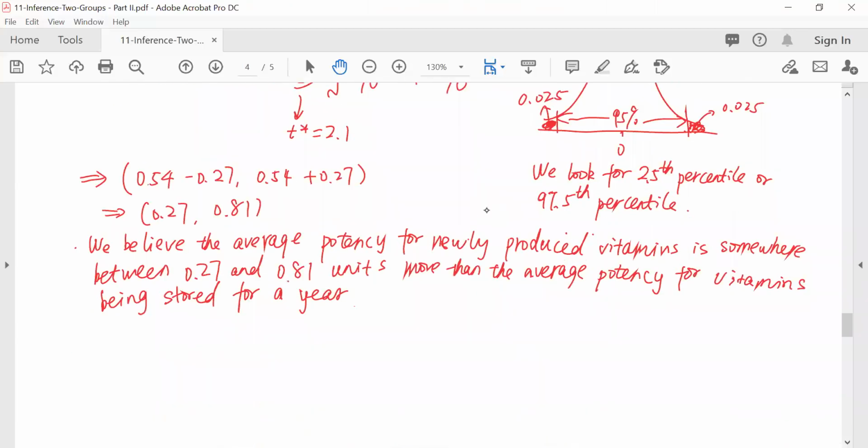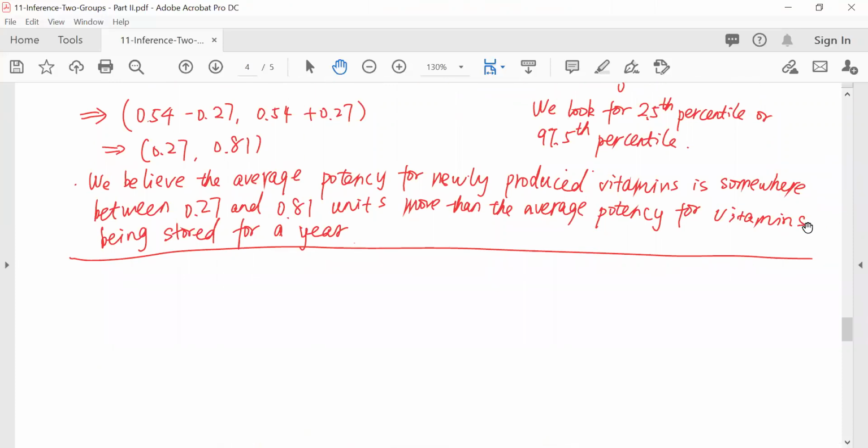I have mentioned this in the lecture before. Which is group 1 and which is group 2, doesn't matter.